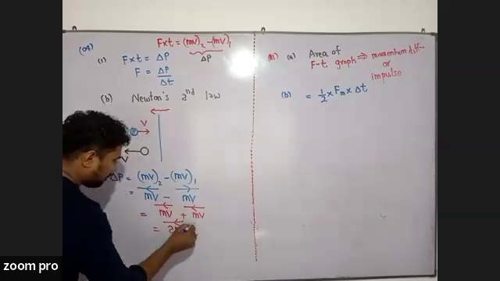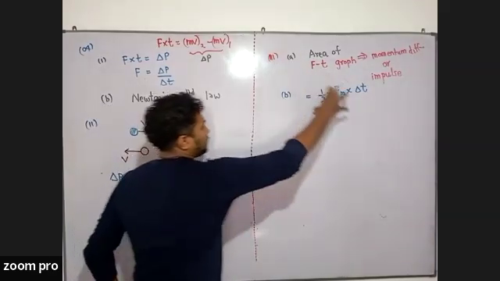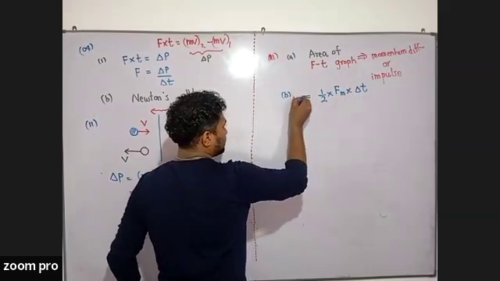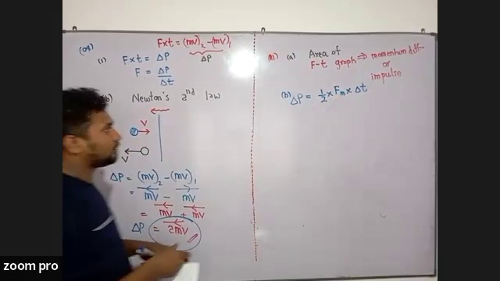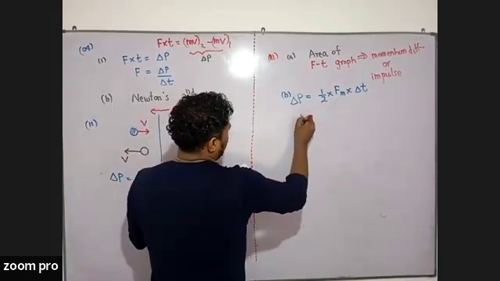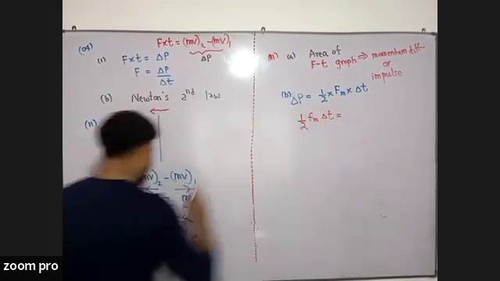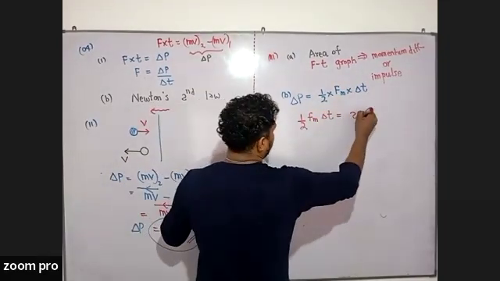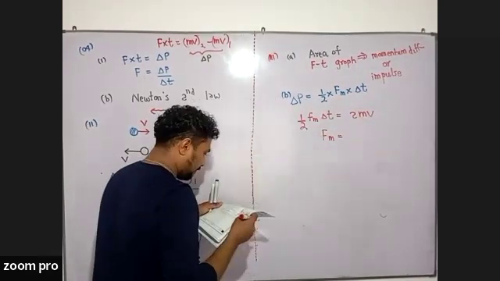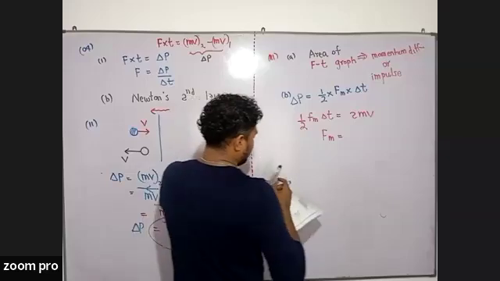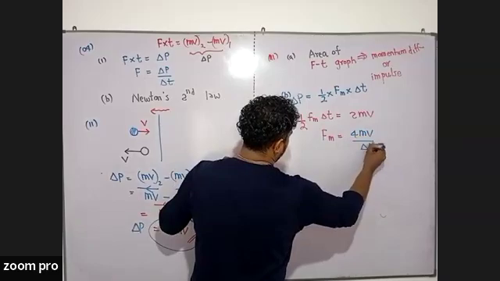Previously, we obtained the momentum difference as 2mv, so this expression also represents the momentum difference. According to the equation, half Fm delta t equals 2mv. Hence, we have been able to obtain an expression for Fm as 4mv over delta t.